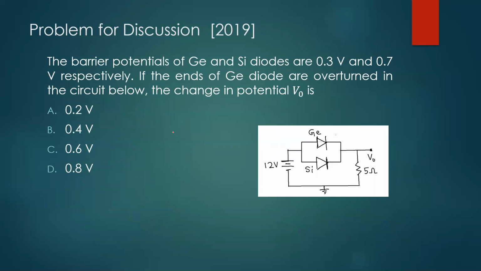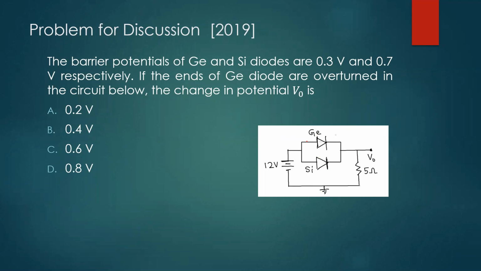Okay, so try answering this question. CBSE textbooks are very well written. See here, before overturning, they're just reversing the polarity. Before overturning, the barrier potential of germanium is 0.3. It is less.